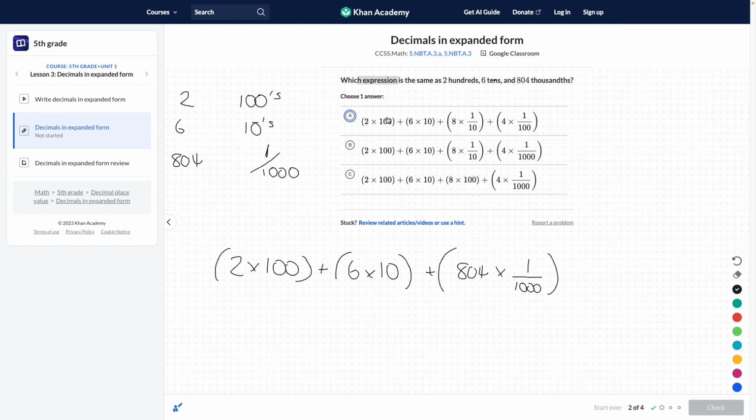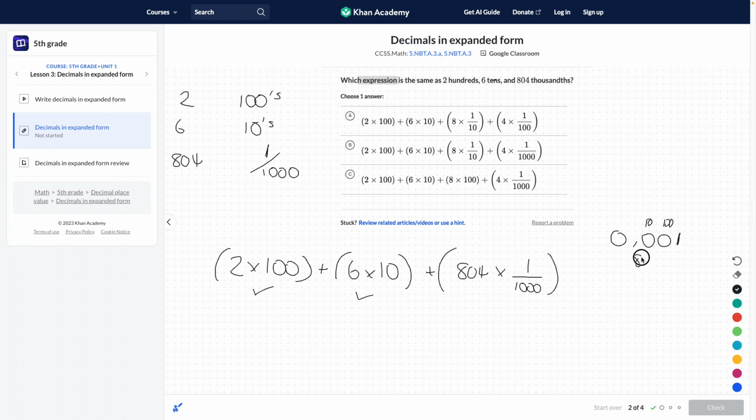So 2 times 100, we got that there. 6 times 10, we got that one there. Now 804 thousandths, right? Well, a thousandth is here. So this is tens, this is 100ths, and this is 1,000ths.